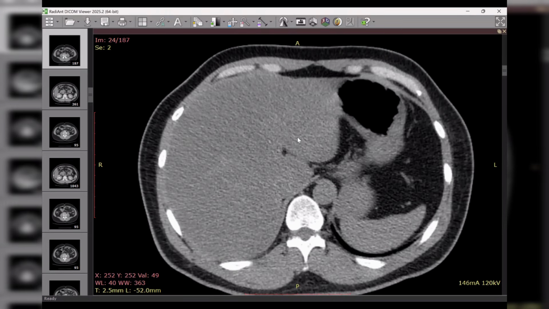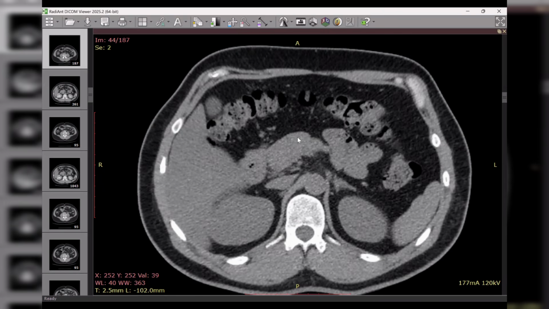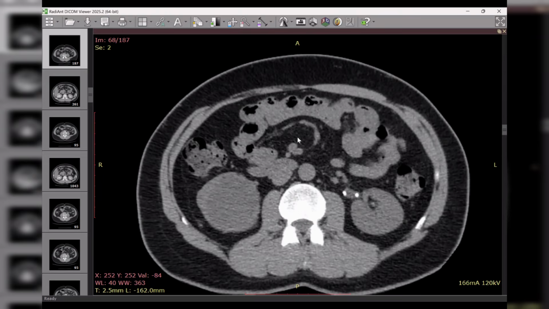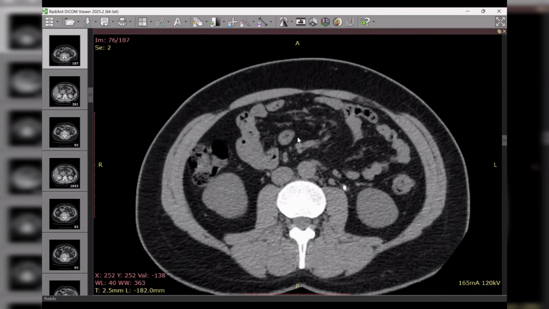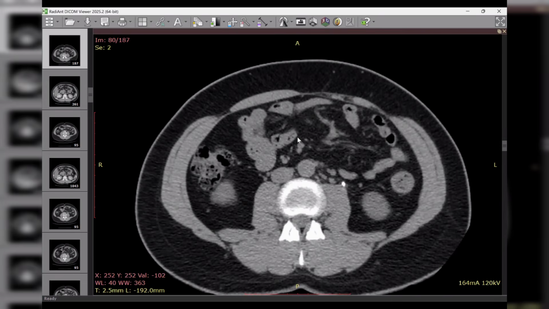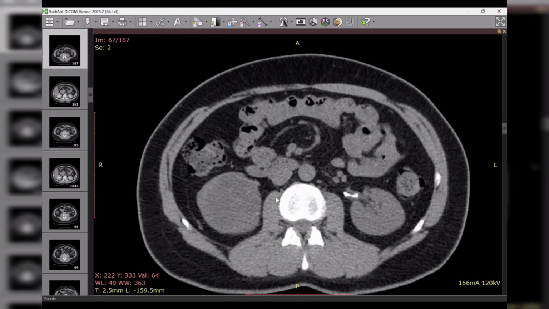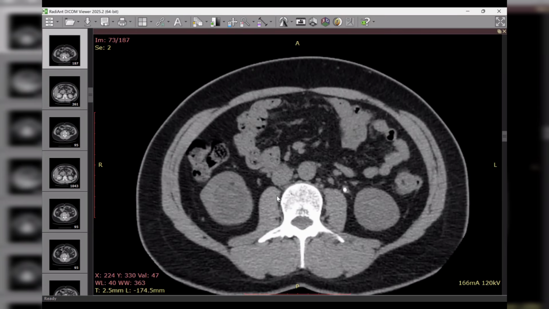All right, okay. This is the axial cuts of a non-enhanced CT KUB, where I can see that there is a rounded hypodense area or mass-like lesion within the right kidney. The left ureter shows an elongated hyperdense structure.